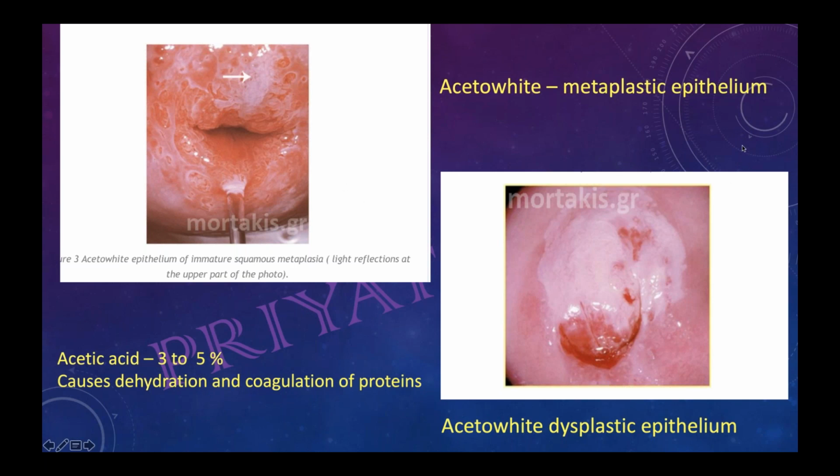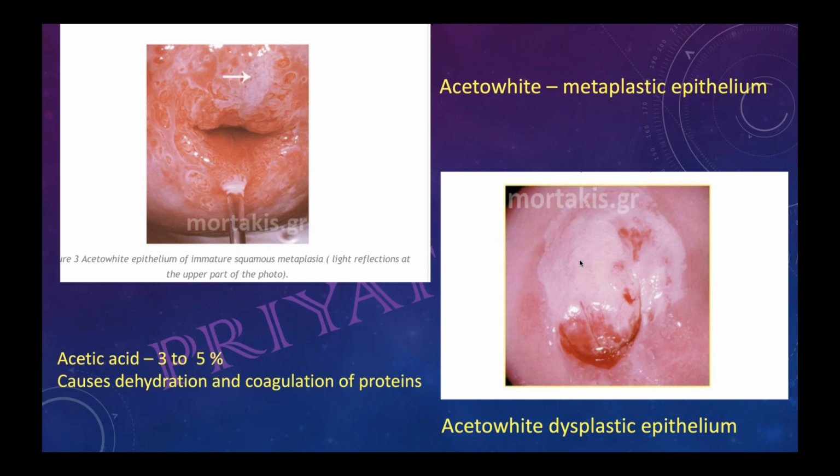Because I want this to be clear to you: old, new, this is the transformation zone, and this is your acetowhite area because of the metaplasia. Now if the cells have dyskaryotic changes, as we just read in dyskaryosis, there is an increase in nucleoprotein.